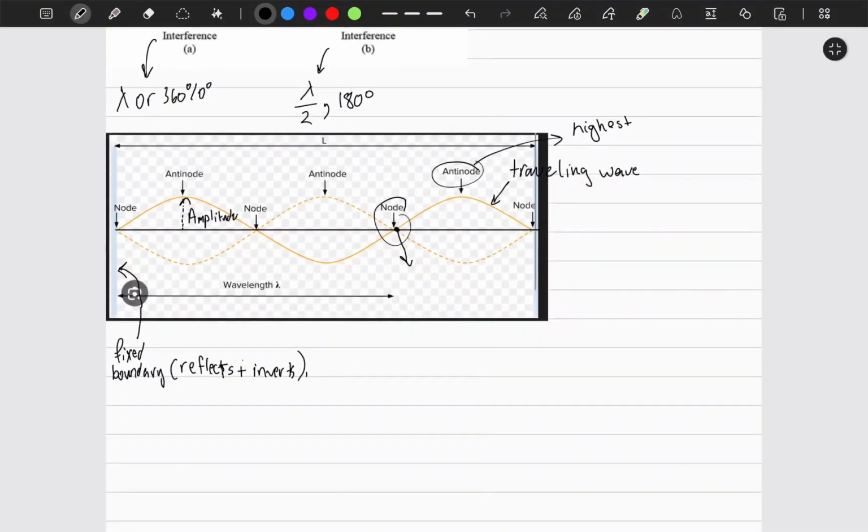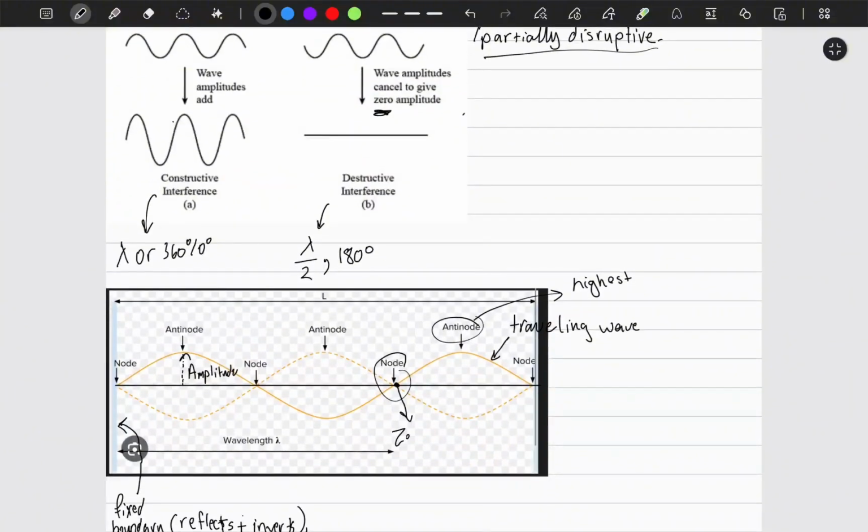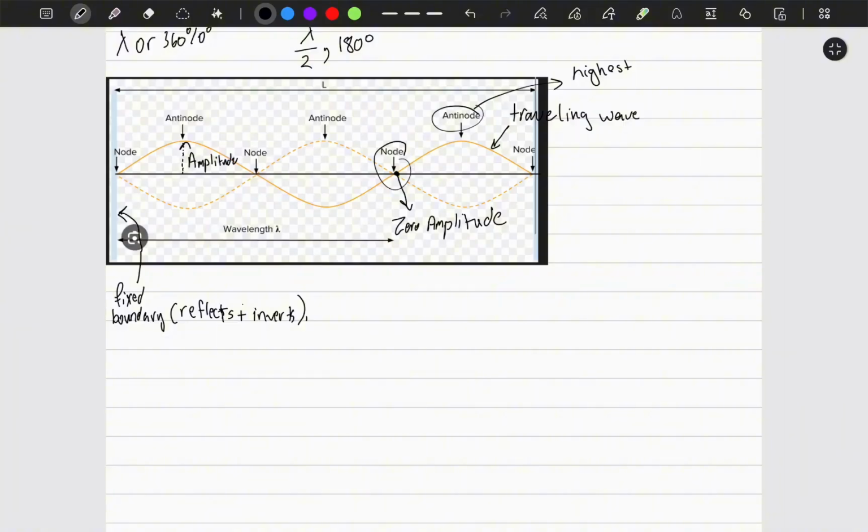That is what the node is. So it has zero amplitude compared to the antinode. And in this standing wave, it has a fixed boundary, which means that it's going to reflect and invert. So imagine the wave was opposite. So rather than it being up on, let's say, the positive x-axis, here it's the negative.